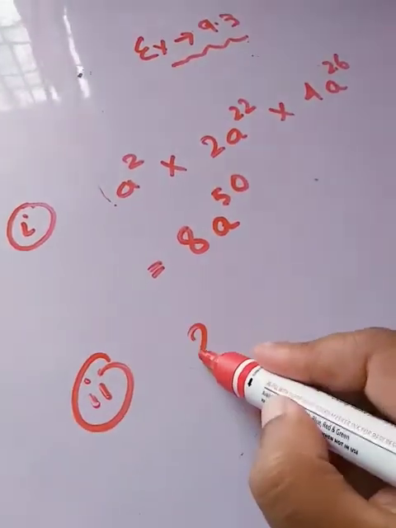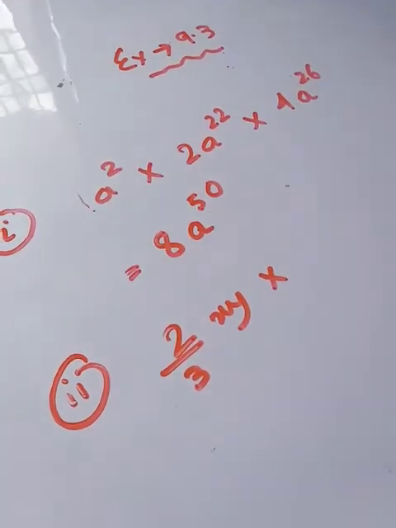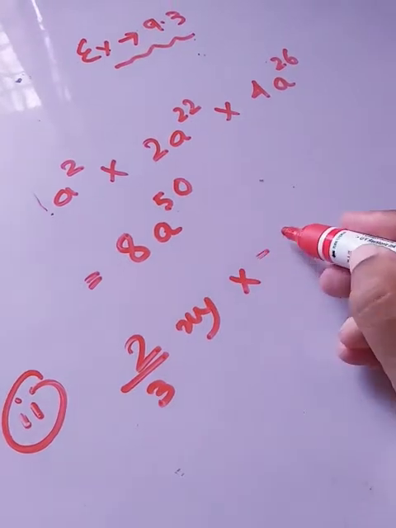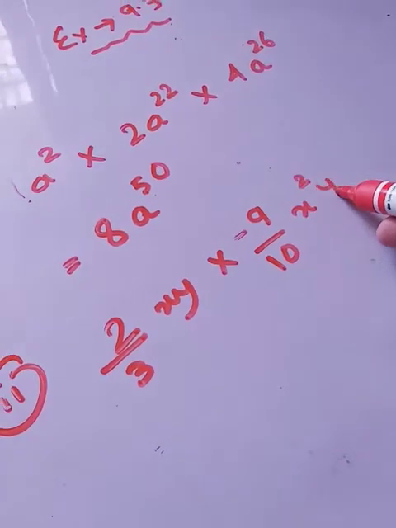Sum number 2 is given in the fractional form, 2 by 3 xy into minus 9 upon 10 x square y square.